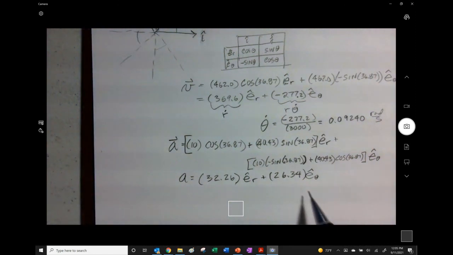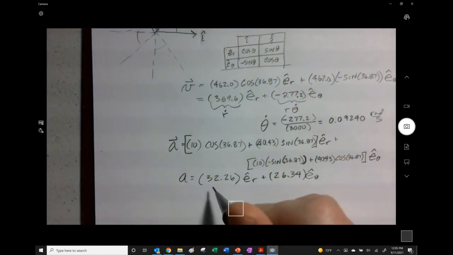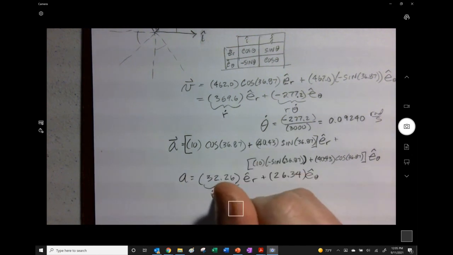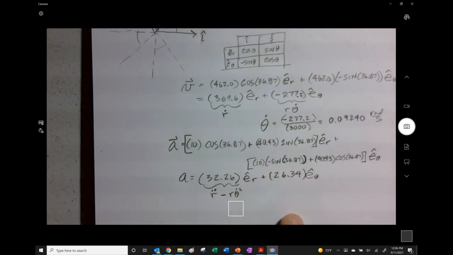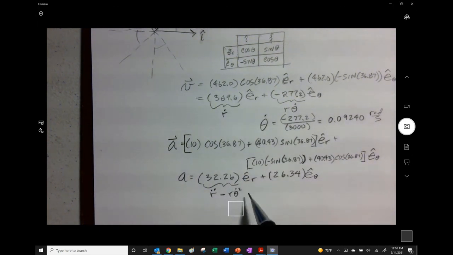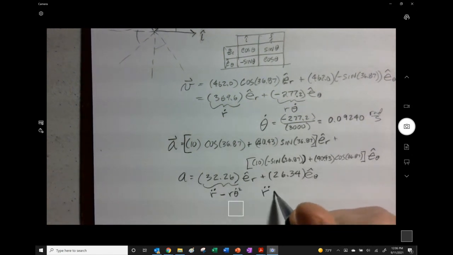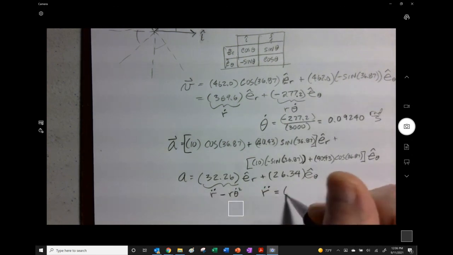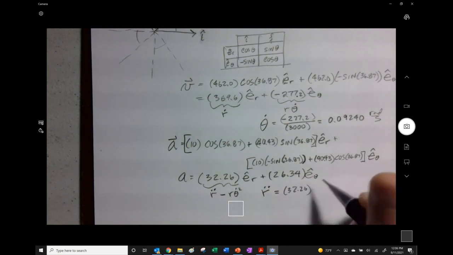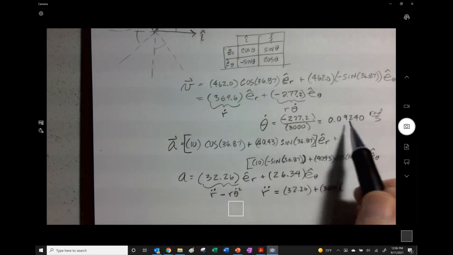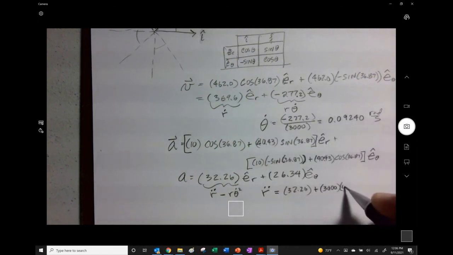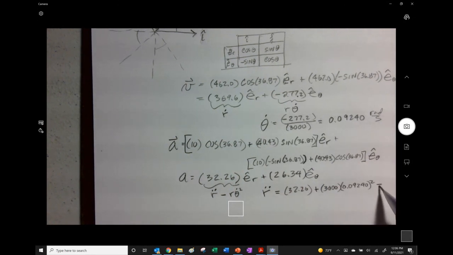Let's see. Yes, okay. So we know that this right here is going to be r double dot minus r theta dot squared. Yeah. Right. So we could find our r double dot by taking 32.26 and adding the 3,000 times this theta dot up here squared, 0.09240 squared, and I'll just write it underneath.